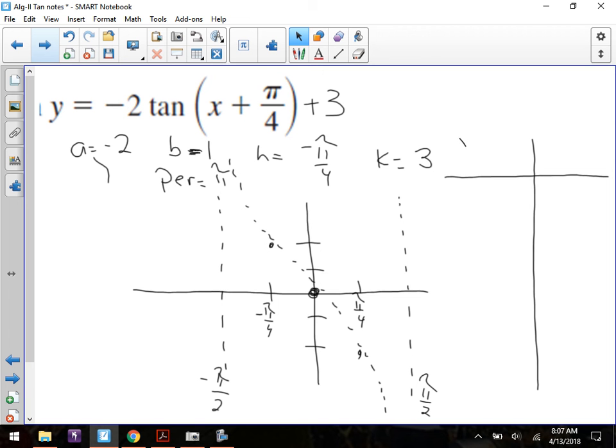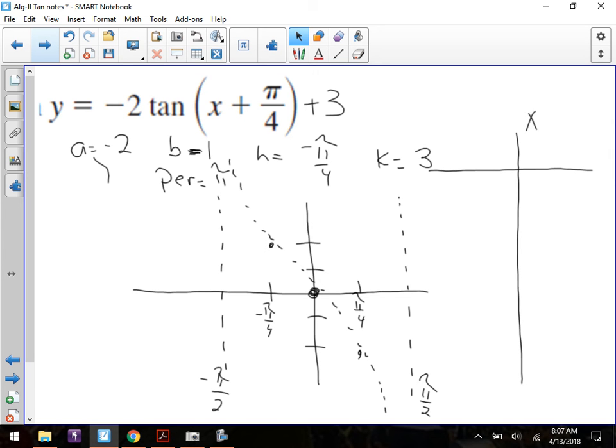We know we'll have to have an x minus pi over 4 and a y plus 3. So we have negative pi over 4 and 2, 0, 0, pi over 4 and negative 2.